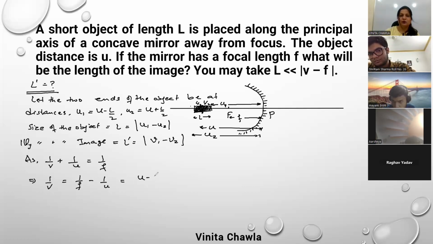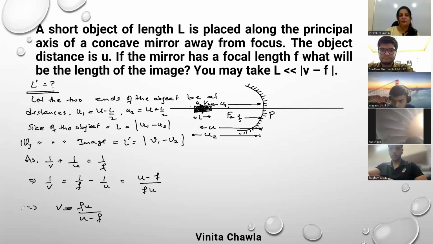So it is u minus f by fu. This is how we can write, है ना? और इसको अगर आप रेसिप्रोकल लेते हो तो you get v as fu upon u minus f. This is your v. fu upon u minus f.